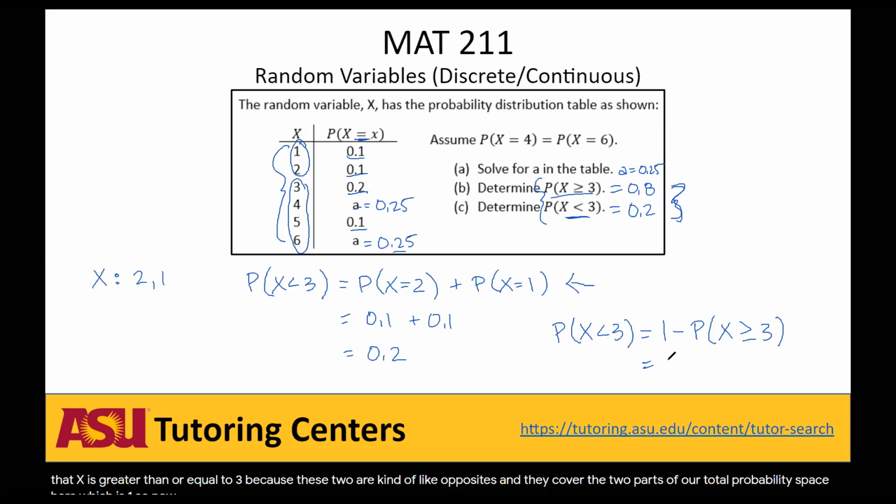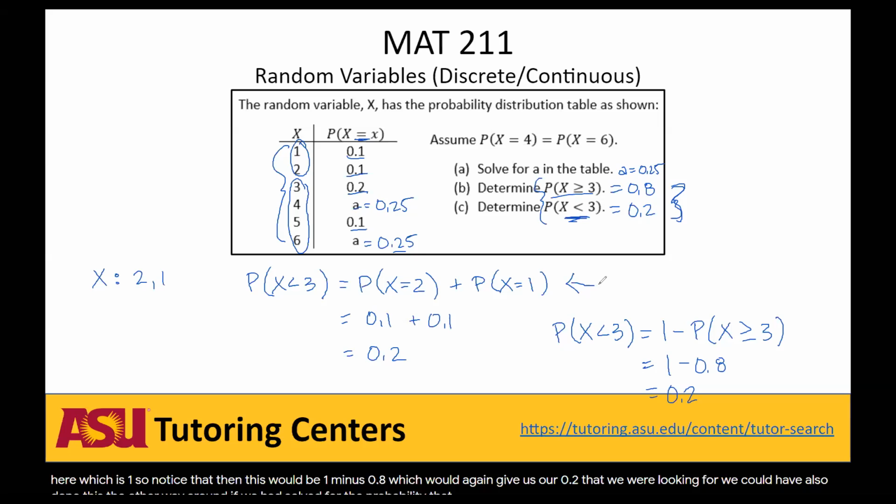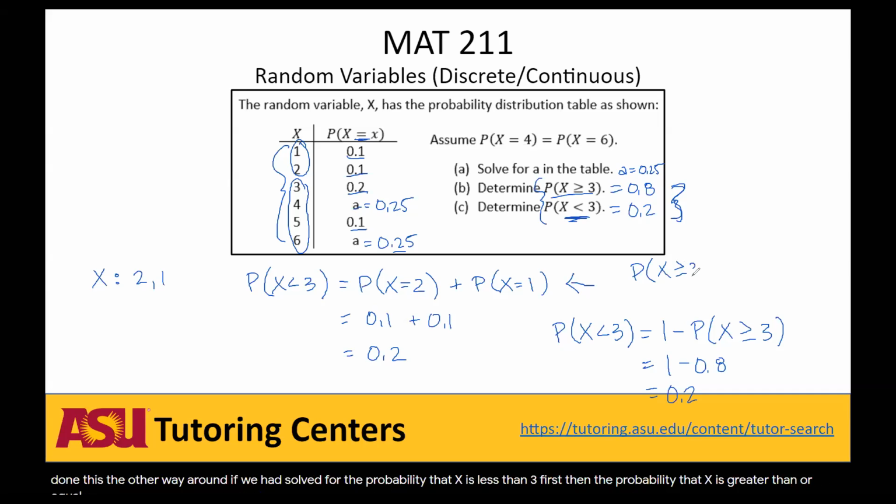So this would be 1 minus 0.8, which again gives us the 0.2 we were looking for. We could have also done this the other way around. If we had solved for the probability that x is less than 3 first, then the probability that x is greater than or equal to 3 would be equal to 1 minus the probability that x is strictly less than 3. So we could have done that too.